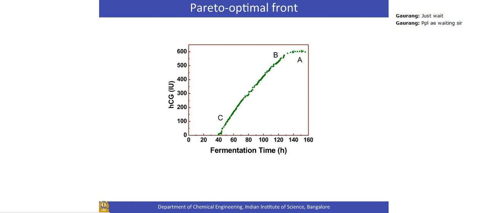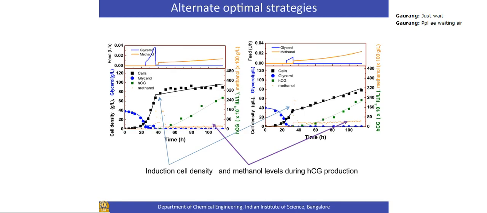And this results from other constraints on the process, how much sugar or how much carbon source you can take. Or in other words, the window of operating time available to you is, let's say, from 40 hours to 120 hours. And these are the amounts of protein that you will get.